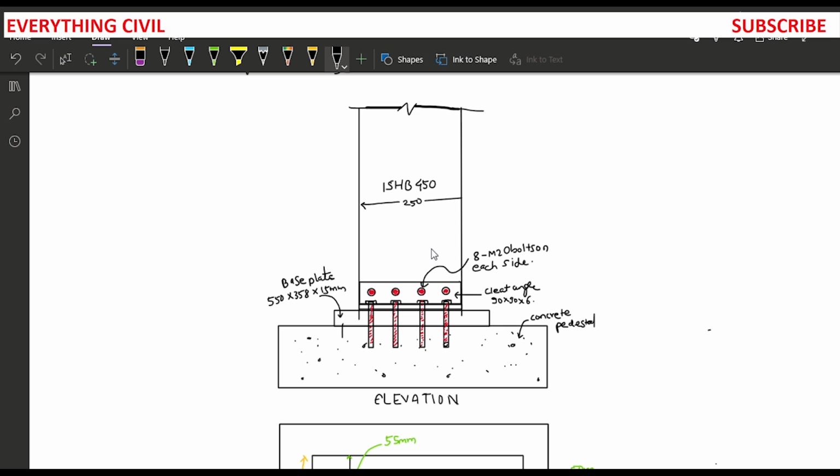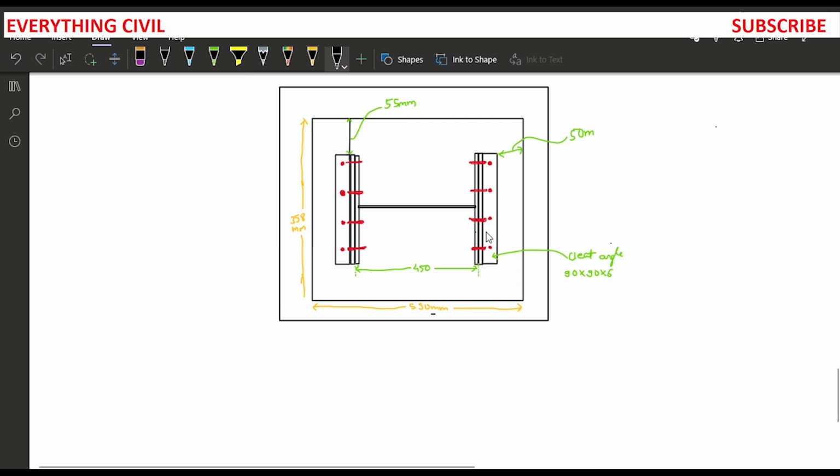Now I'll show you the plan. The remaining doubts will be cleared in the plan. I have shown the size of the base plate, 358 by 550 mm, and then the I section over here. The cleat angle can be seen over here, and again you can see the bolts, you can count them: 4 here connected to the base plate, and the 4 you can see here which are connected to the column.